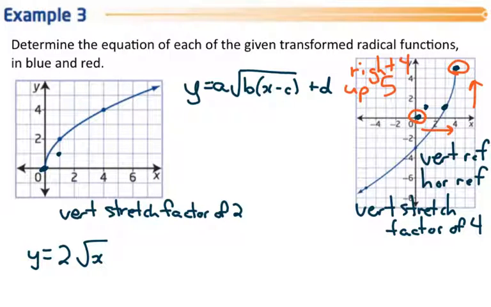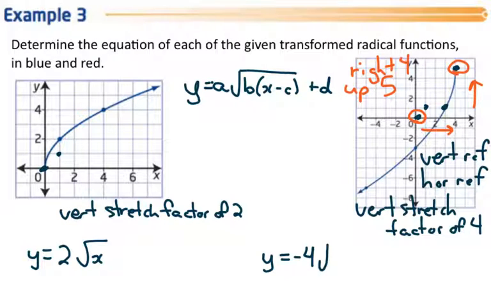We still need to fill these into the equation, do it piece by piece. Y equals. A would deal with our vertical stretches and reflections. We have both. Vertical reflection gives us a negative. Vertical stretch gives us a 4. We have square root. Next piece is B. Those are horizontal stretches and reflections.